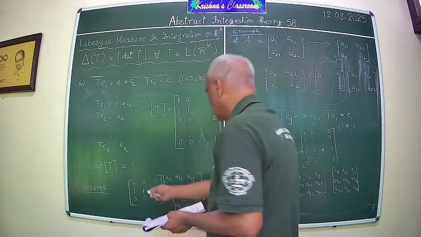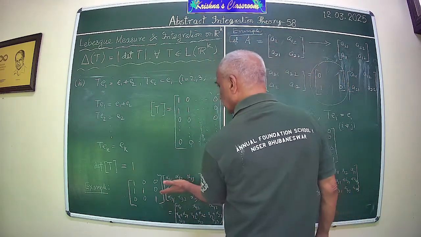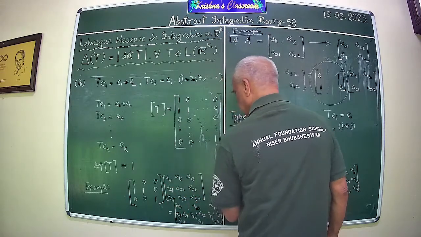So the effect of this operation is essentially take the first row, add the second row to it and represent it as the second row.